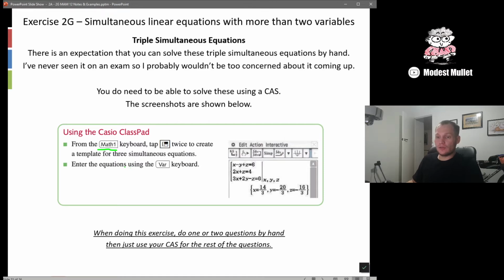Make sure you use the variable section of the keyboard and not the standard alphabet letters, as it won't calculate, as it says down here in the exercise. Please just do 1 or 2 by hand, and then the rest you can just do by CAS. It's actually important to do most by CAS because you want to become efficient at it.